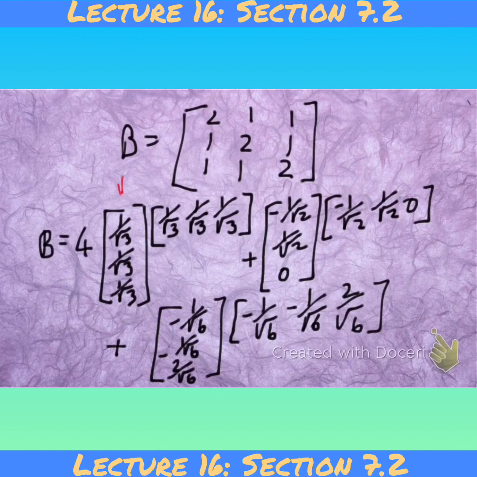We've got the first column vector multiplied by its transpose, then the second column vector multiplied by its transpose, and take note of the eigenvalue there, which is 1.